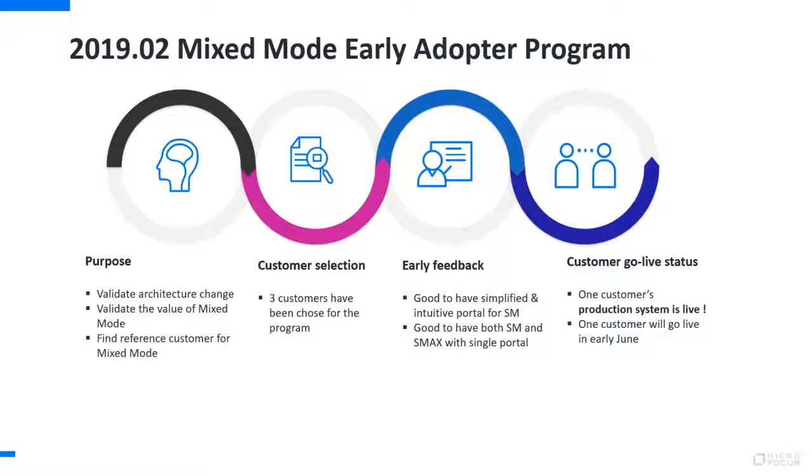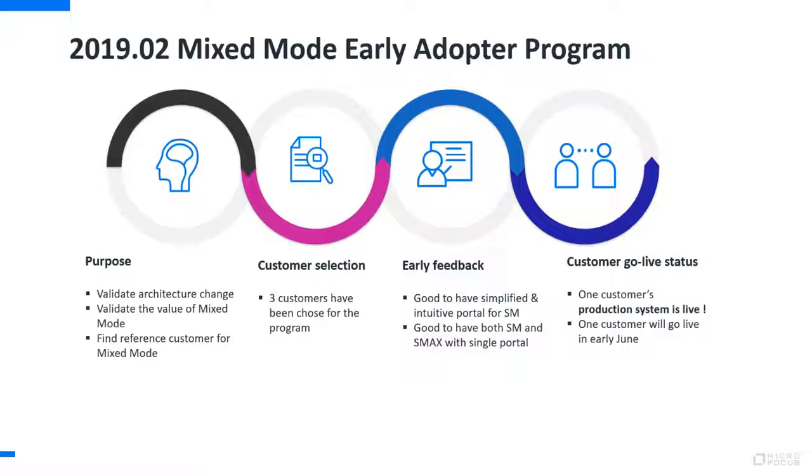Okay, so here is an update about the mixed mode early adopter. Once we officially released the 2019 February release, it was, I would say, a totally new mixed mode. We delivered it in February, from the architecture perspective, because we removed the Propane layer to reduce the complexity of the previous mixed mode.